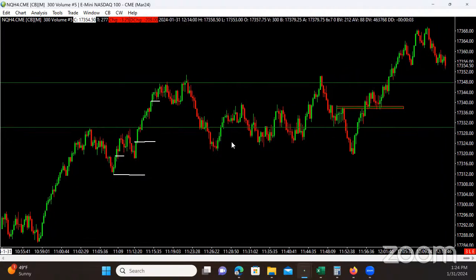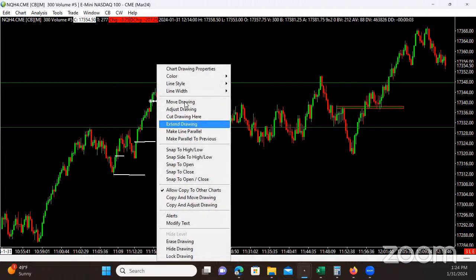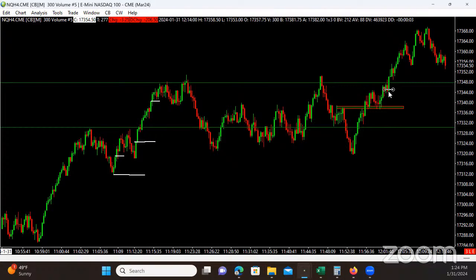You get into the trade over here, and you say, I'm going to test it just to see, because if it pushes through, I'm good. So we're going to copy and move this drawing over here. And we're going to enter in a contract there, right? Then it pushes through.